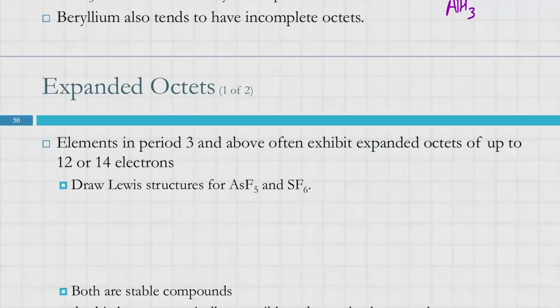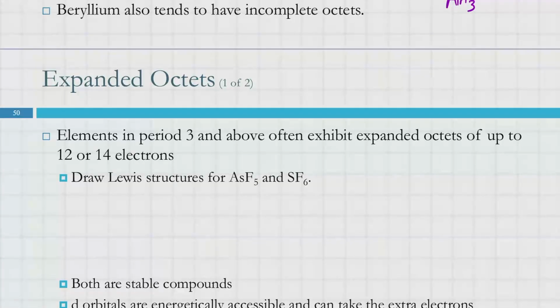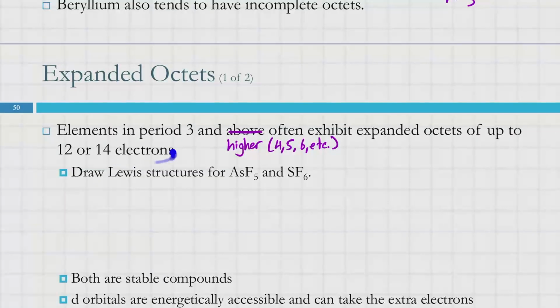We can also have expanded octets. And expanded octets can happen in elements in period 3 and higher. So things that are below period 3 on the periodic table can also do this. They can often exhibit expanded octets of up to 12 or 14 electrons, only for things that are in period 3 or below.